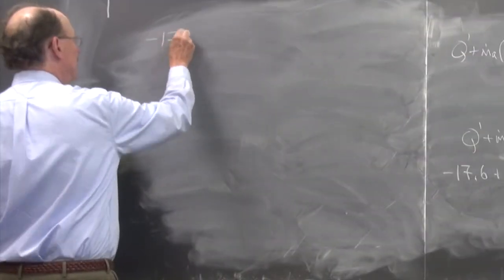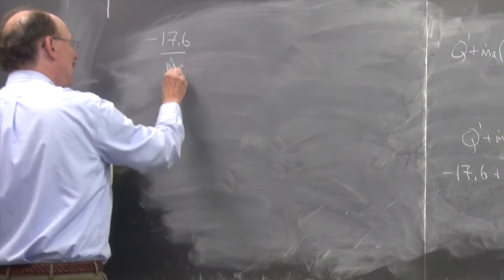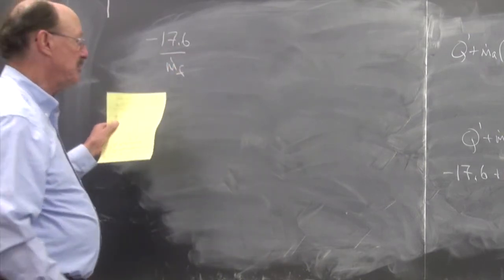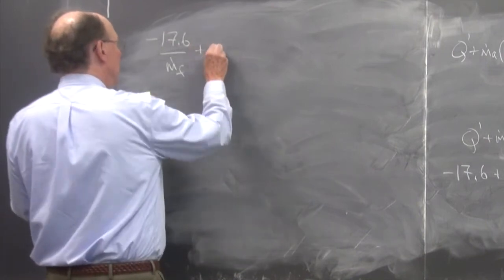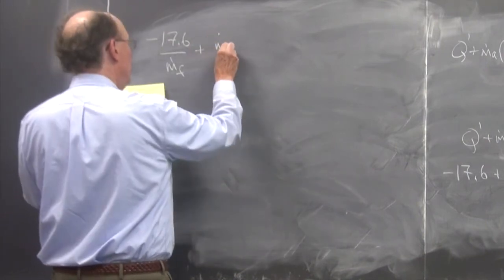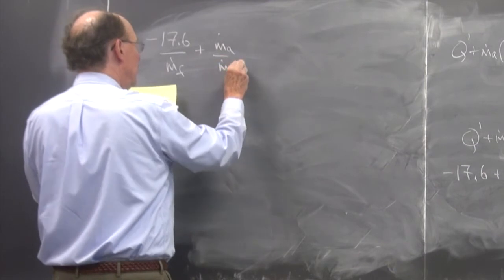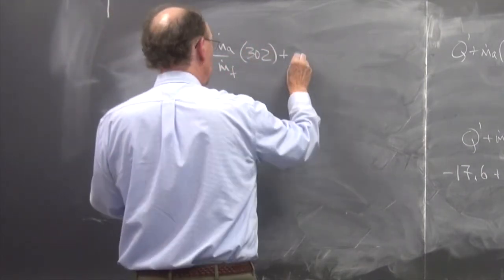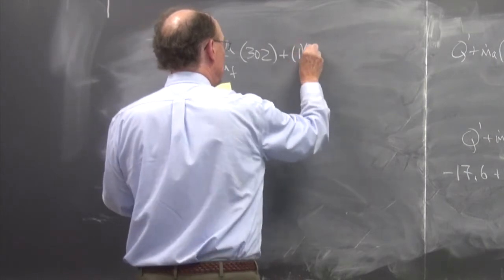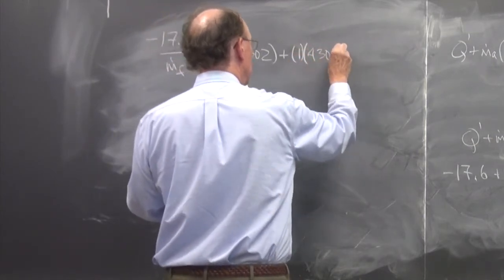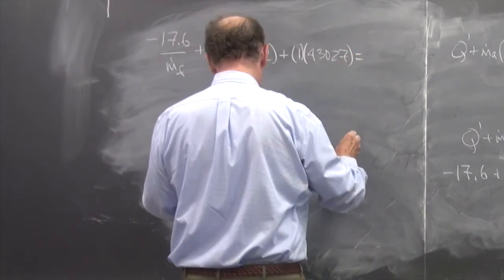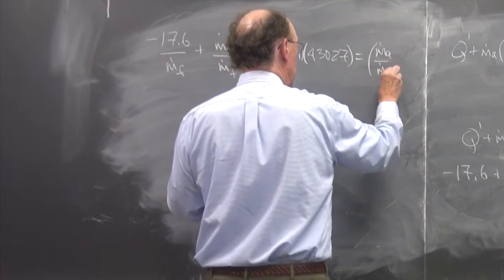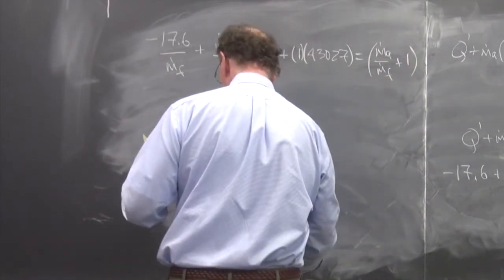I have 17.6 over m dot F. A lot of times students don't divide every term by m dot F, so they leave the m dot F off this term, plus m dot A over m dot F times 302 plus 1 times 43027 is equal to m dot A over m dot F plus 1 times 616.